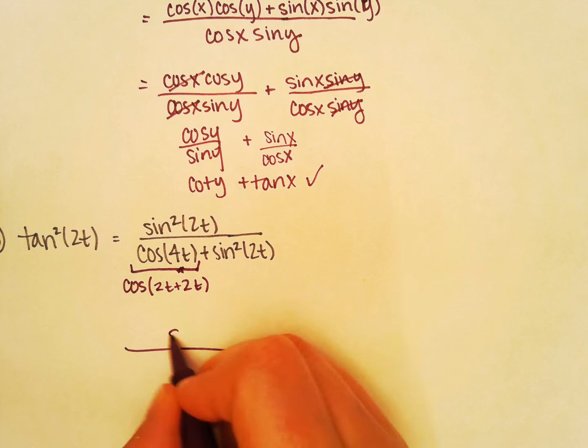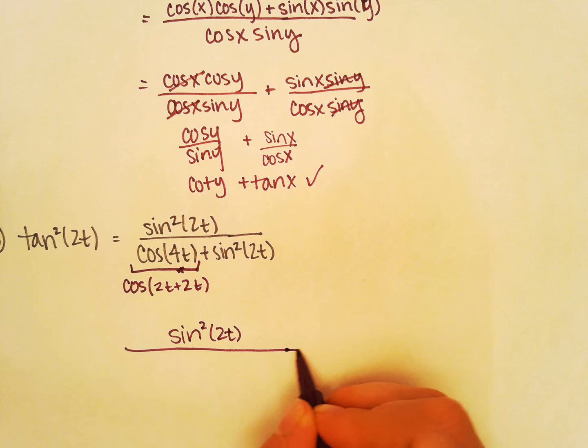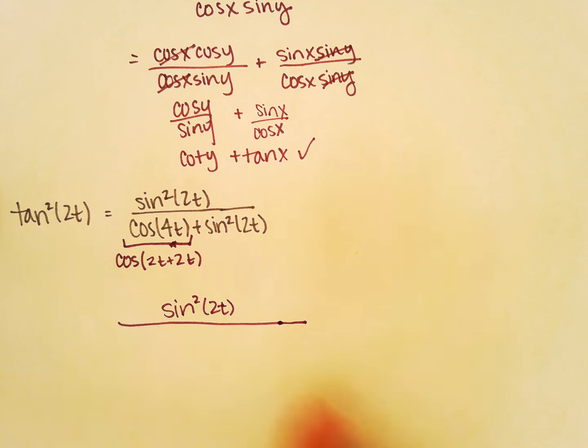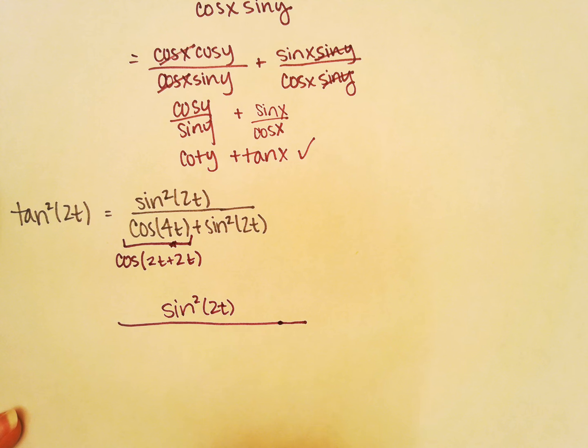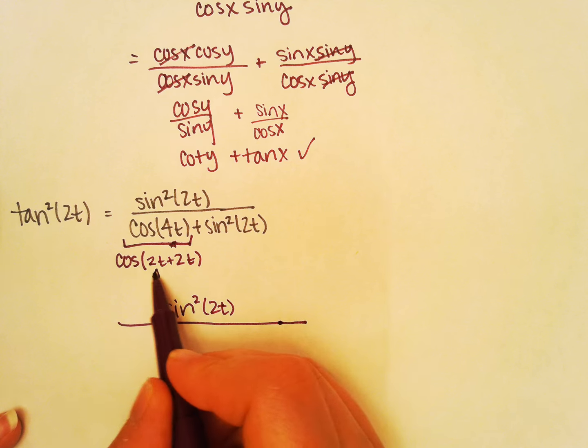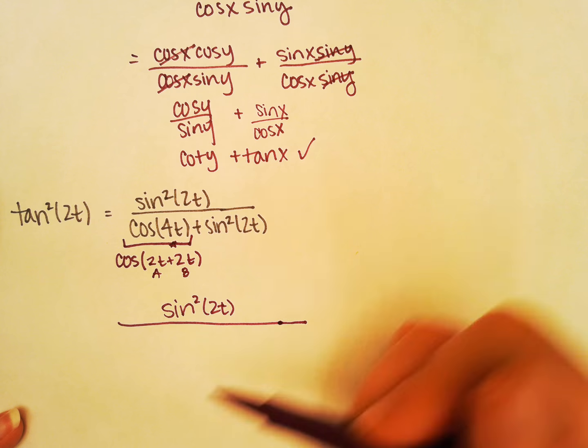So the next step is using the sum identity for cosine, which we wrote on the front, but this would be our A and our B, and they're actually the same values. So when we write out our cosine and our sine parts, they'll be the same values, but don't let that confuse you.